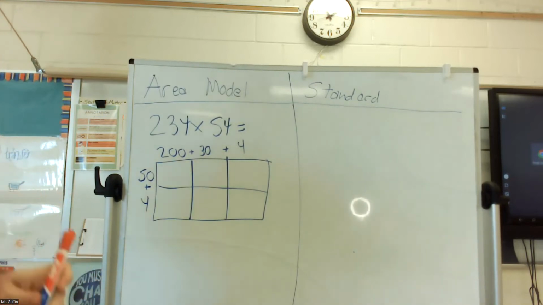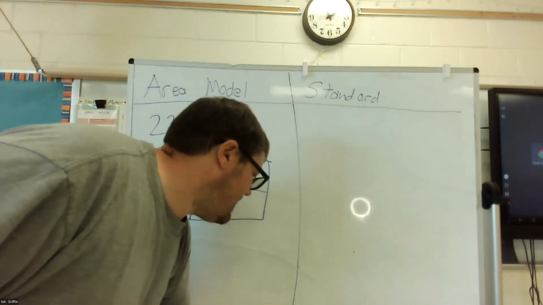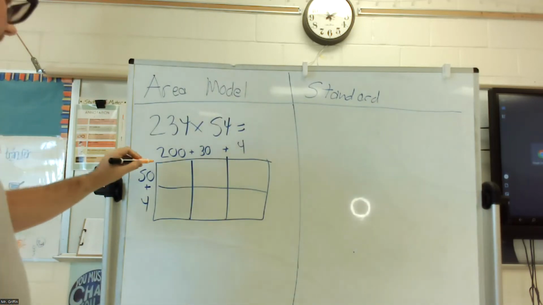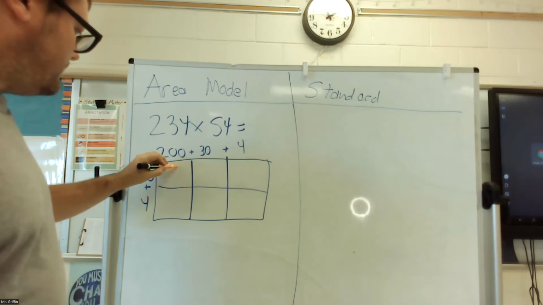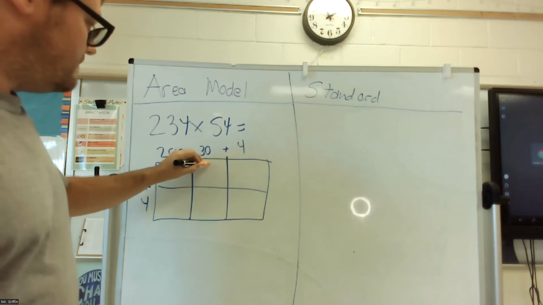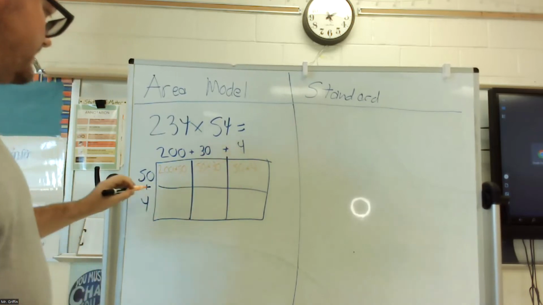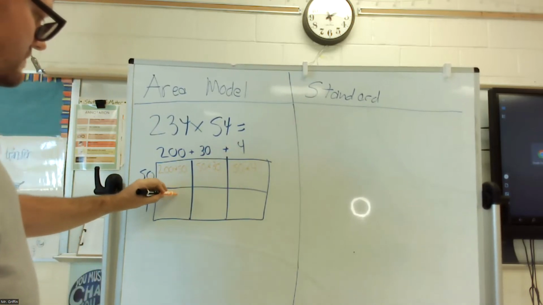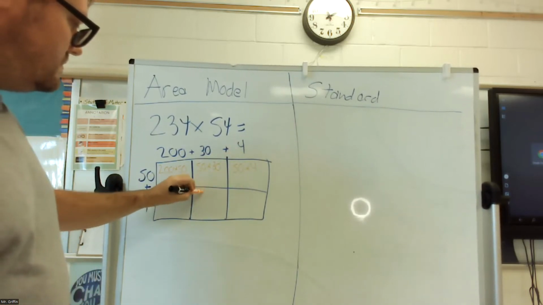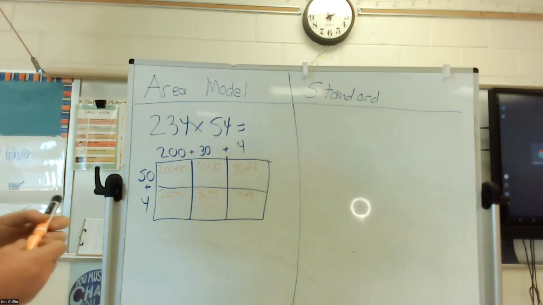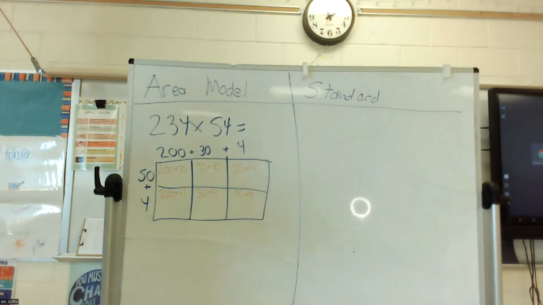I'm going to write down what I am multiplying inside each box just to help me reference later. Okay, so notice I've got my numbers written down to show what I'm multiplying in this problem.